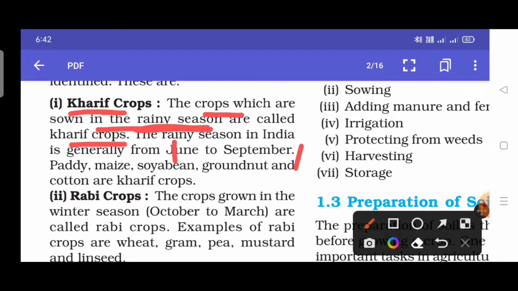So the crops which are sown in June and harvested in September are known as kharif crops or rainy crops. For example, paddy, maize, soyabean, groundnut and cotton are examples of the kharif crops.